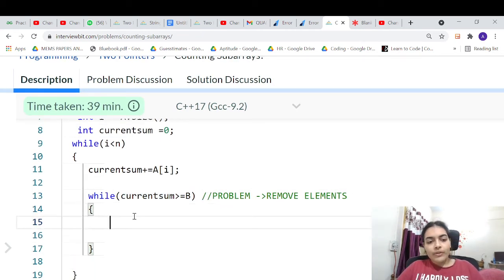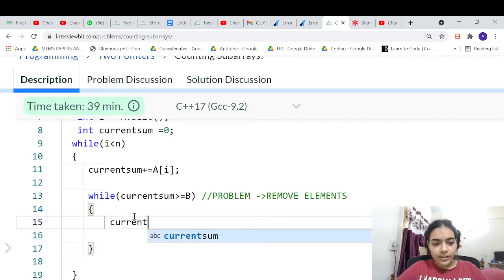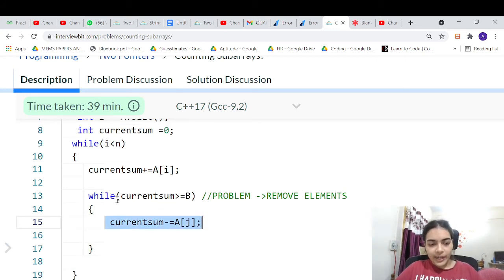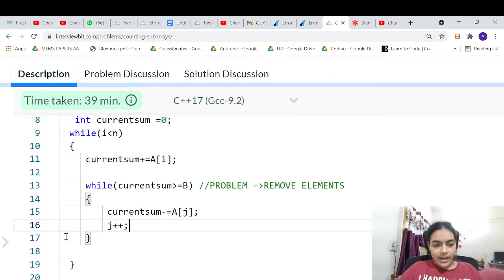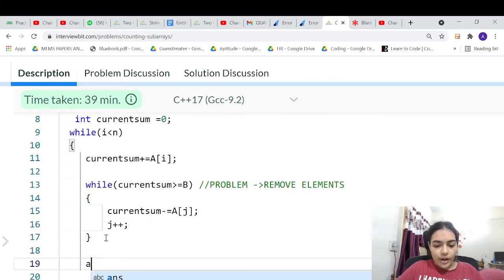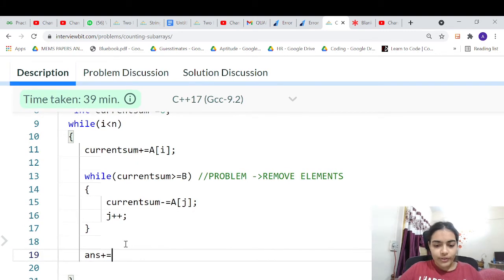So how will you remove the element? So you will just remove the element which is at position a of j. So just remove that. If by removing that element your current sum is coming within the limits, you can exit this while loop, okay, and you can increment your j. So that's it. Now finally you have to add to the answer, right? So what will you add to the answer?